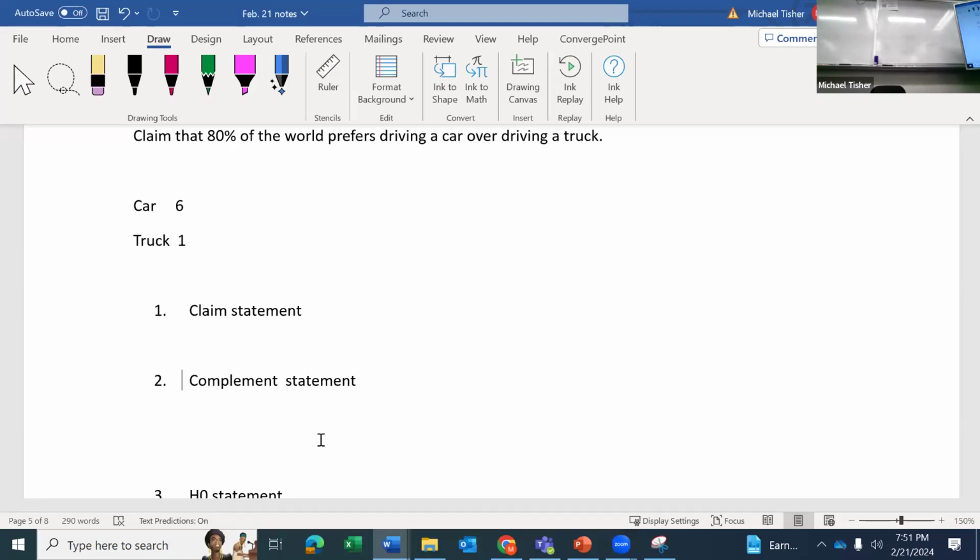Complement is the opposite of claim. So we're claiming 0.8, and the complement is the opposite of that. So what numbers are not 0.8?